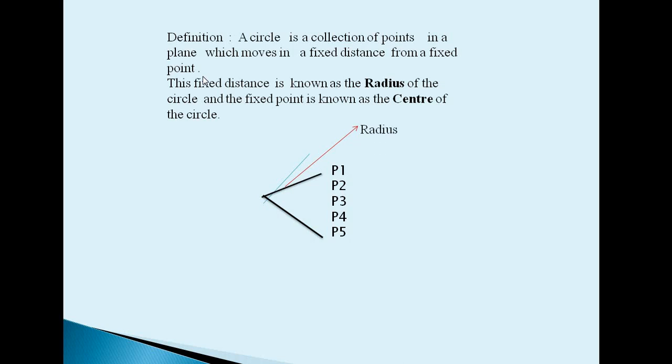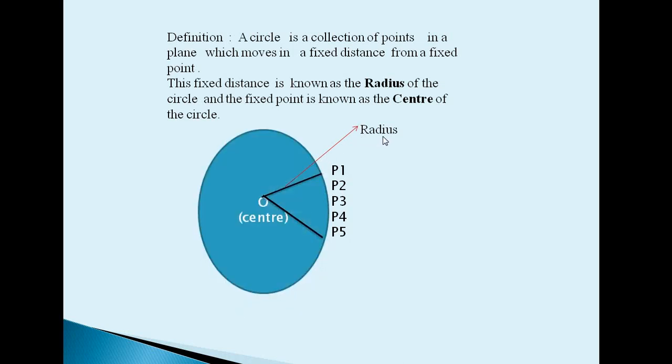This fixed distance is known as the radius of the circle: OP1, OP2, OP3, OP4, OP5 and so on. So these are points in a plane which move at a fixed distance from a fixed point. This fixed distance is known as the radius of the circle, and the fixed point is known as the center of the circle.